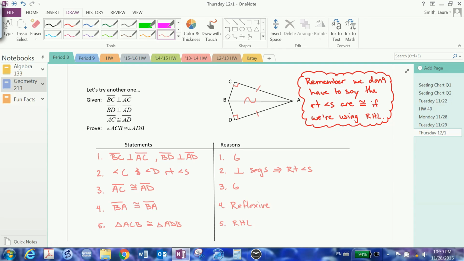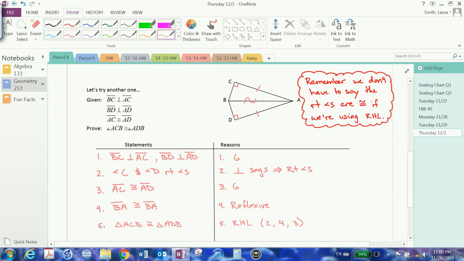RHL. I got my right angles in step 2. I got my hypotenuse in step 3. That was the given. Nope, I take that back. My hypotenuse is BA, so that was my reflexive. My leg was the given. And we're done. That's it.